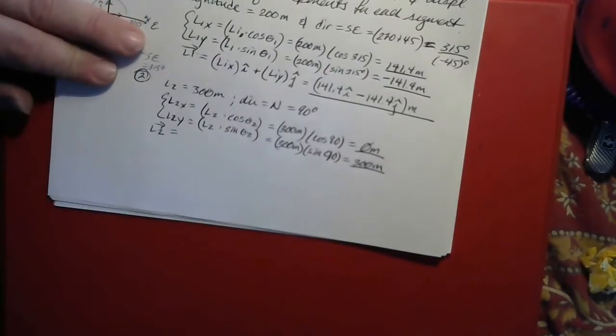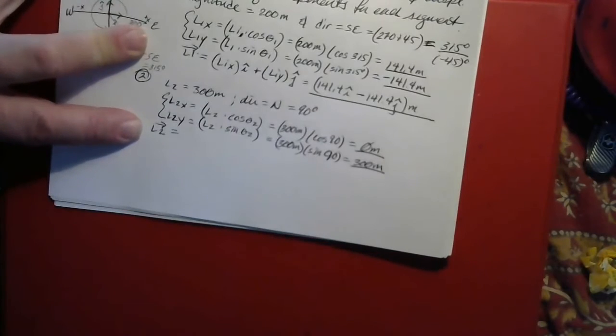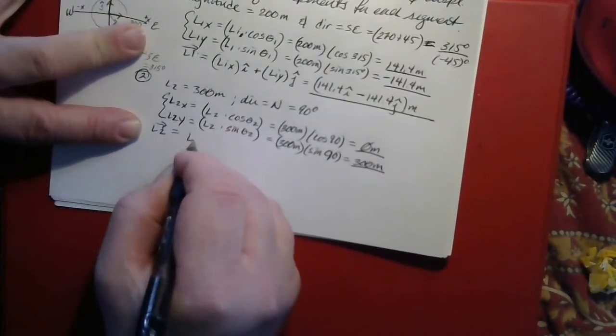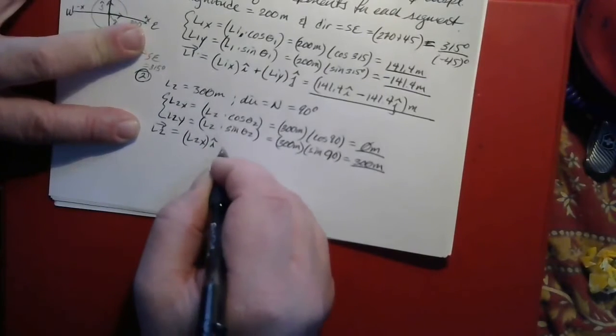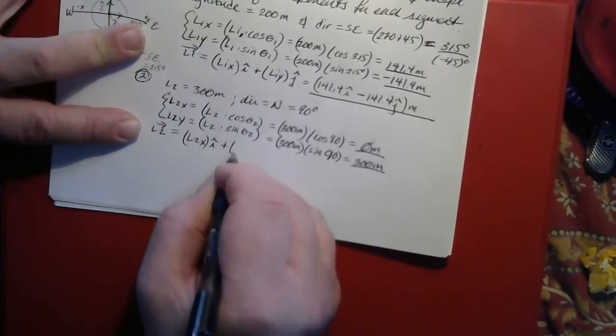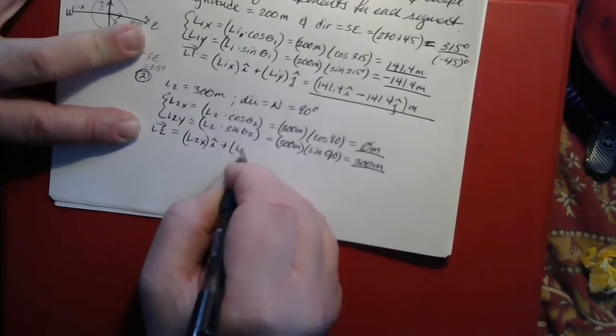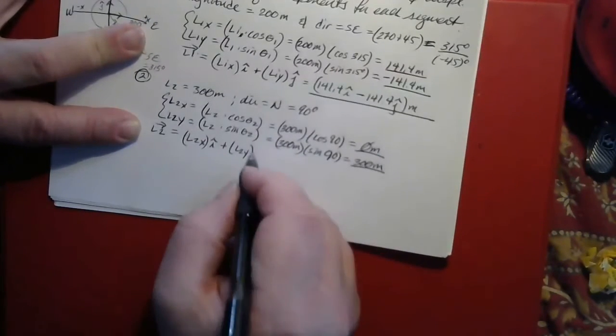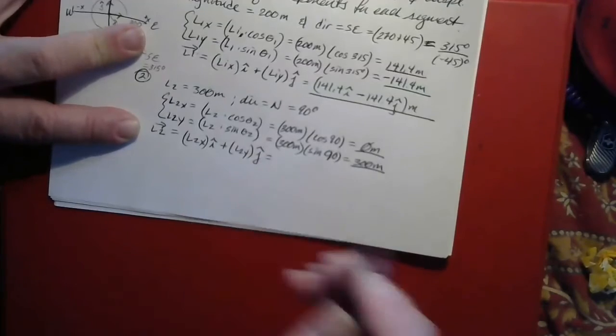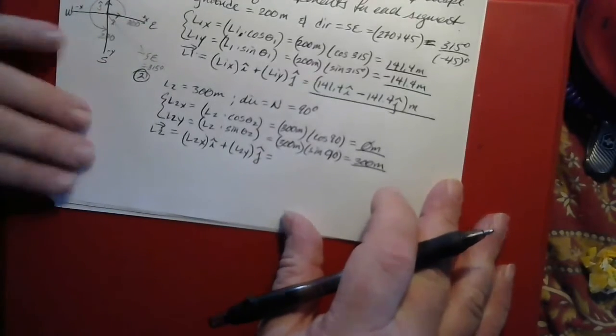So the vector L2 is just going to be the x component for L2 times the unit vector for x plus the y component for L2 times the unit vector for y.